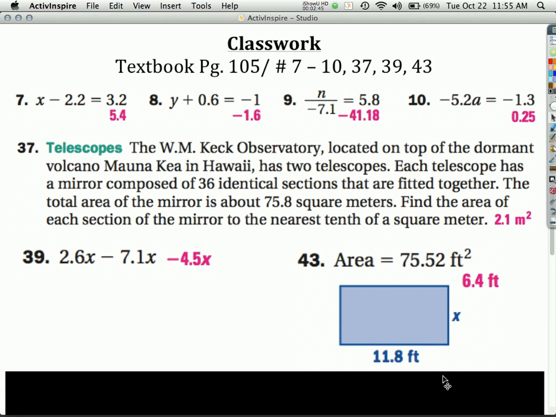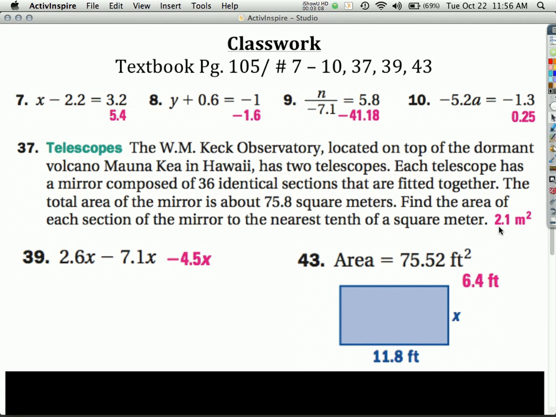A couple of things to note. For number 37, it had to be 2.1. If you didn't put square meters, I'm not going to go crazy right now. Later on in the year, we will talk a lot about units of measurement. Same thing for number 43. If you didn't put feet, you can still mark it correct if you put 6.4, but you should be putting units of measurement.